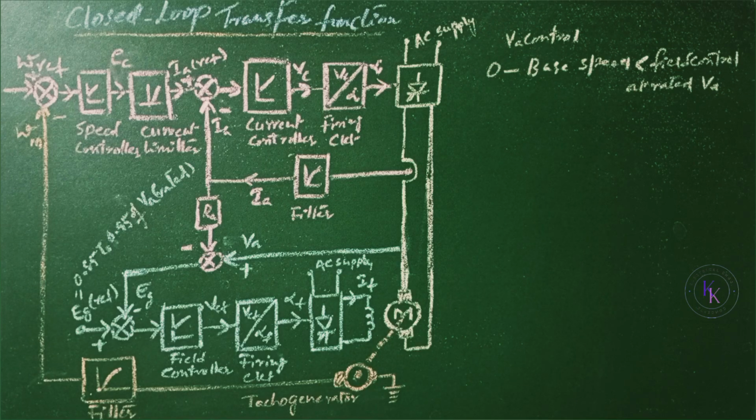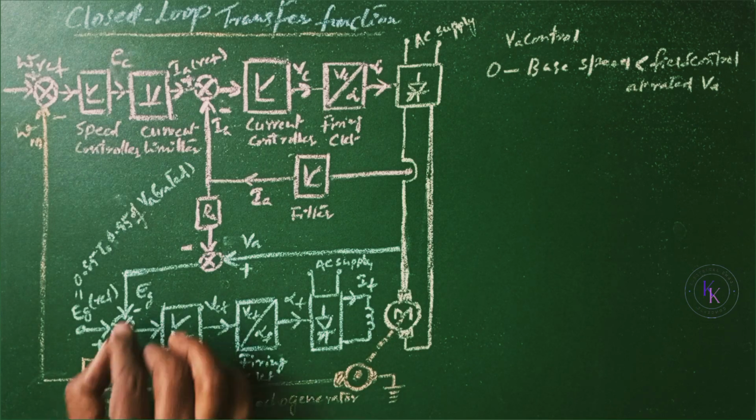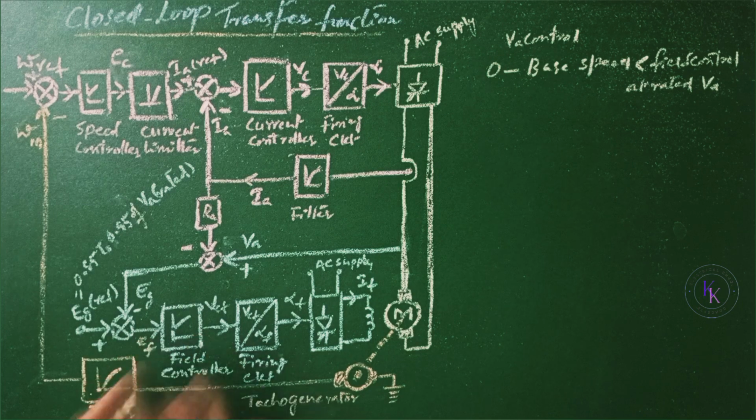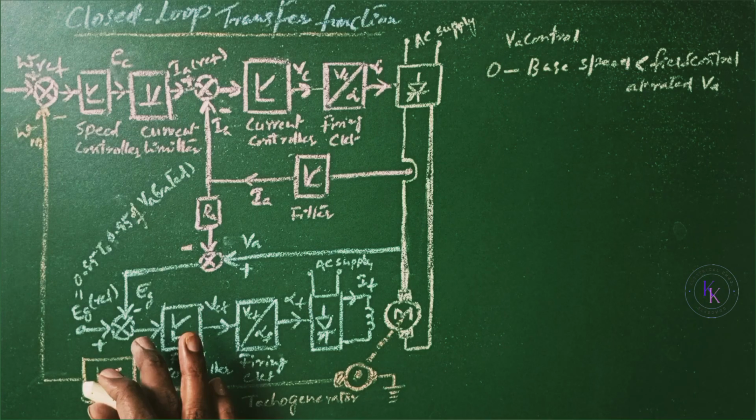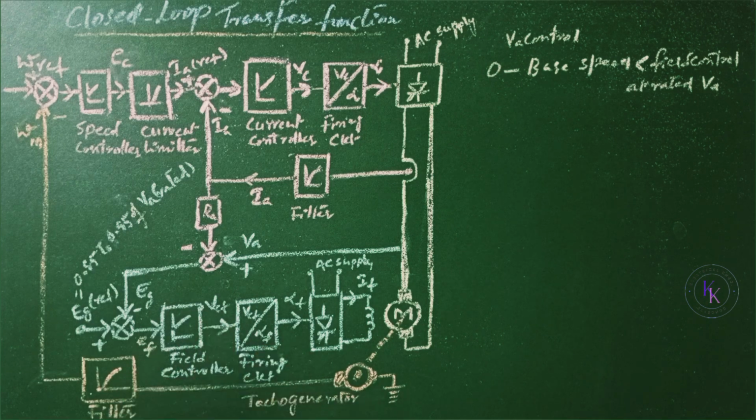If the speed is below base speed, the field error EF is large and the field controller saturates, thereby applying the maximum field voltage and current. When the speed is close to the base speed, VA is nearer to the rated value and the field controller comes out of saturation.